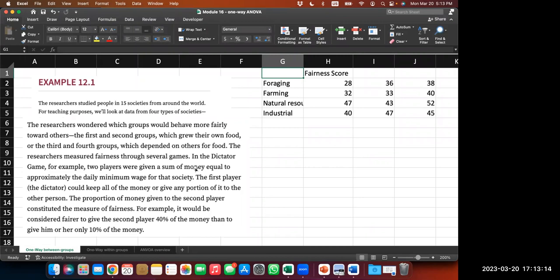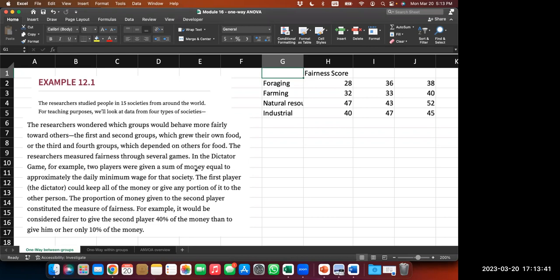They're studying people in 15 societies from around the world. We're only looking at 4 subtypes. The researchers were interested in whether fairness differs between the groups. The first and second groups are foraging and farming, which grew their own food.